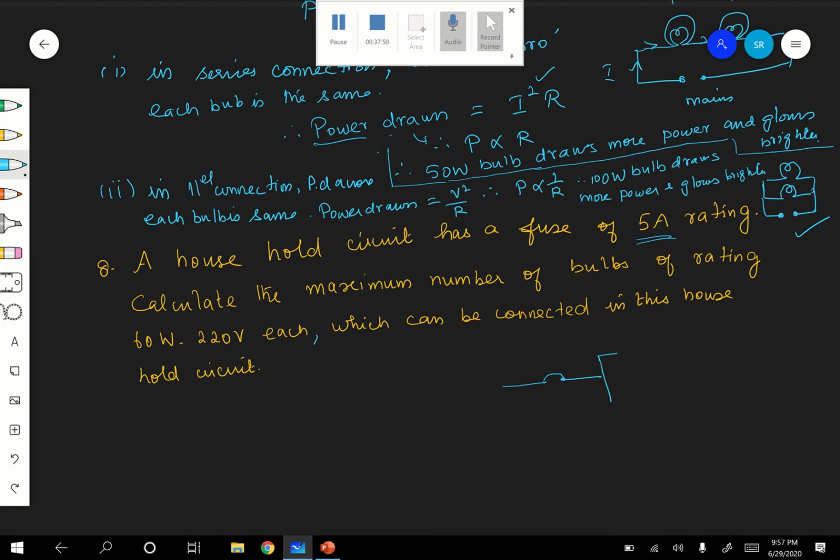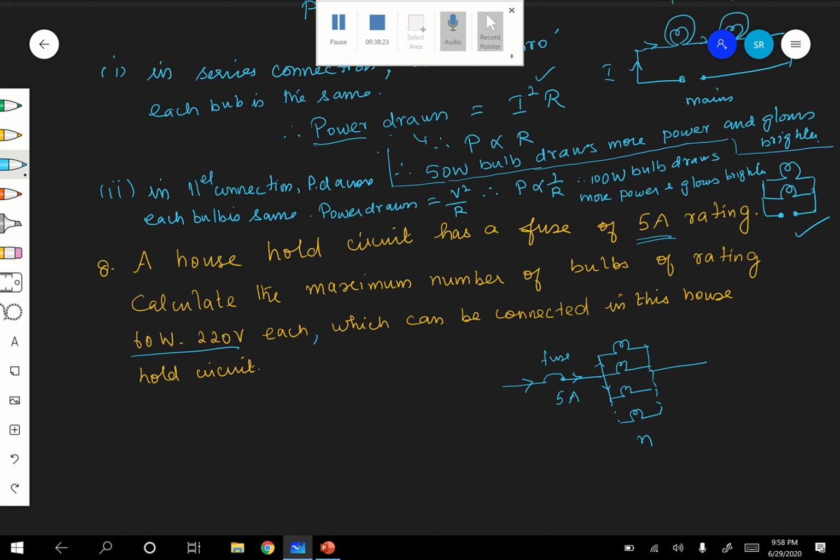So many bulbs will be connected in parallel, na? Household, that's why it is given. Like that. We don't know how many. Let that be n number of bulbs. And this is the fuse, and the current that it can withstand is 5 amps. And this 5 amps is divided equally, because all are 60 watt 220 volt only.